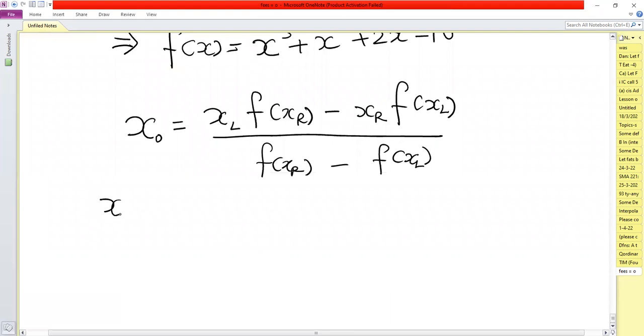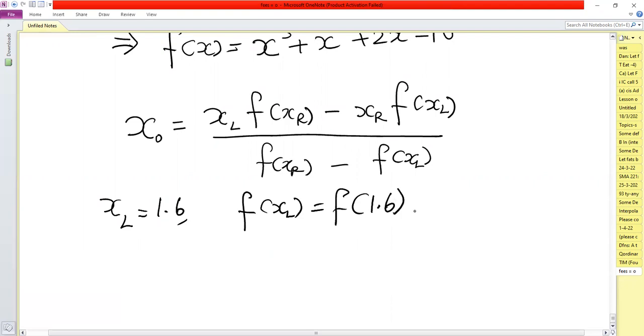So xl is 1.6. f of xl means the value of the function at 1.6. Putting 1.6 into this function, you get negative 0.144. xr is 1.7.